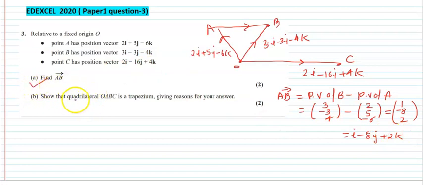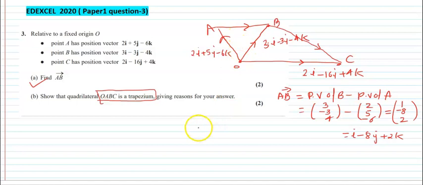Now you need to show that the quadrilateral OABC is a trapezium. So to prove OABC is a trapezium, let's join this, B to C. To show a trapezium, we need to show one pair of parallel sides.